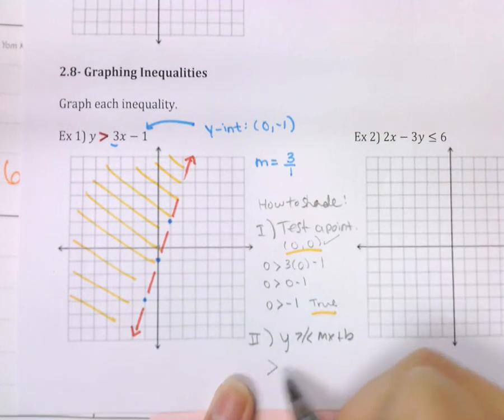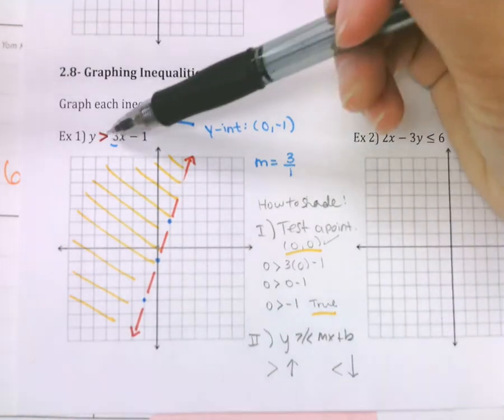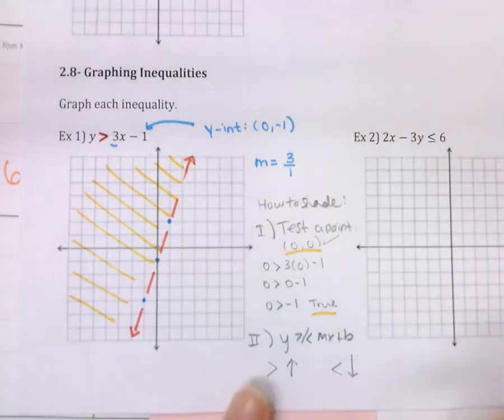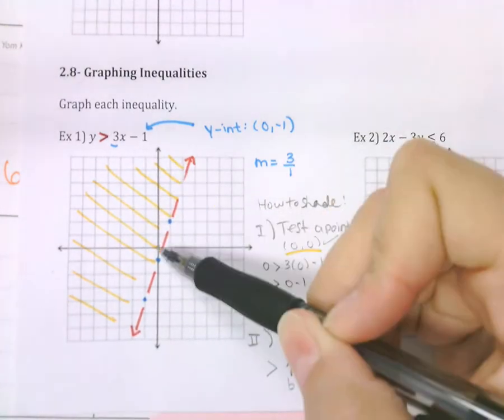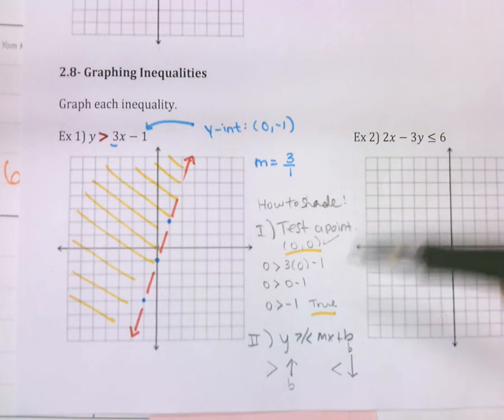If it says greater, you're going to shade above the line. If it says less, you're going to shade below. So for this question, since it says y is greater, we shaded above the line, or above b, above the y-intercept. That's your second method of determining where to shade. You can use either method. They both work.